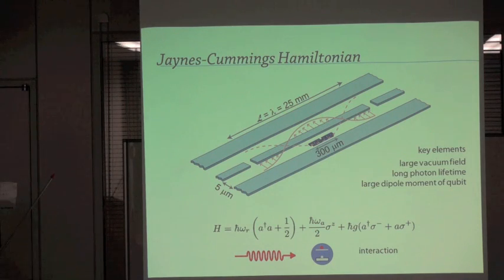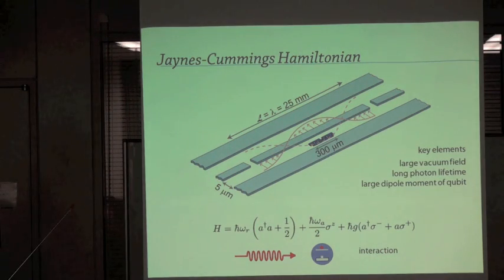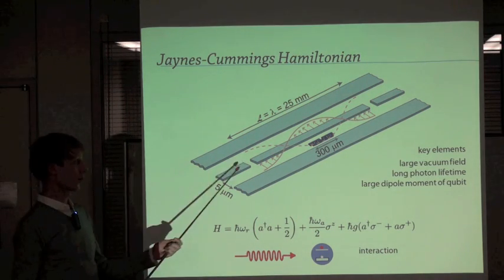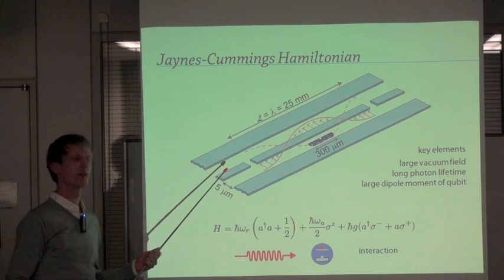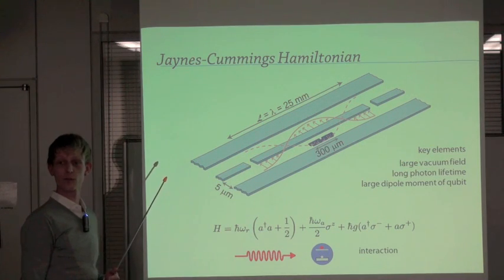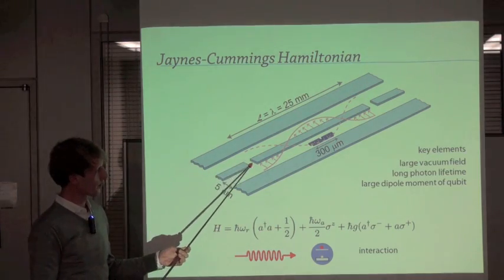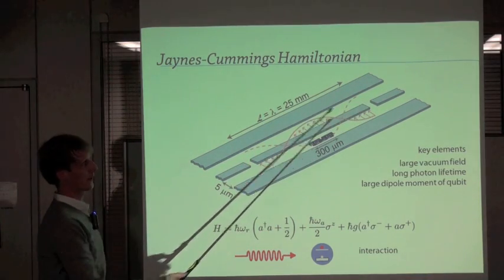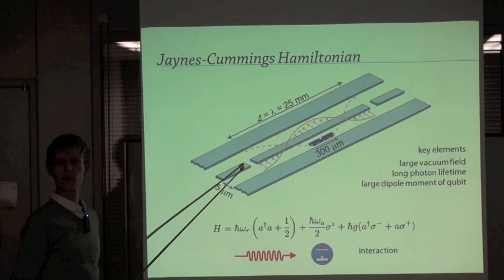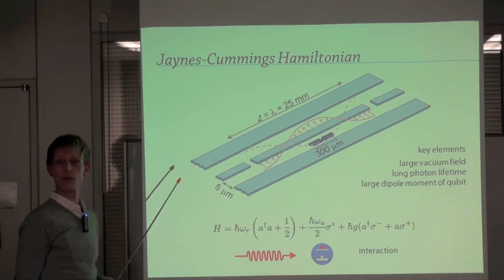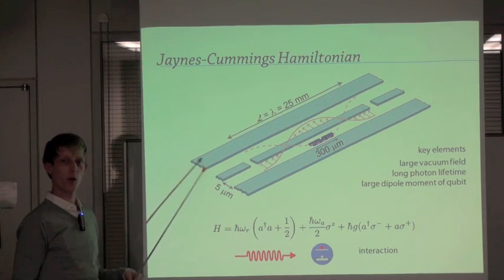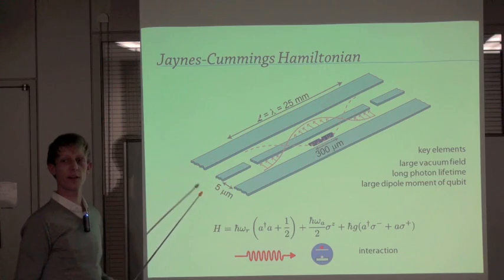Now the key elements of this circuit QED setup are the following. Due to the one-dimensional geometry of the resonator, we have a large vacuum field residing in it. By engineering those mirrors, which are actually capacitances, we can achieve a high Q factor in the resonator, thereby confining the photons for a long time inside the resonator before they finally decay.